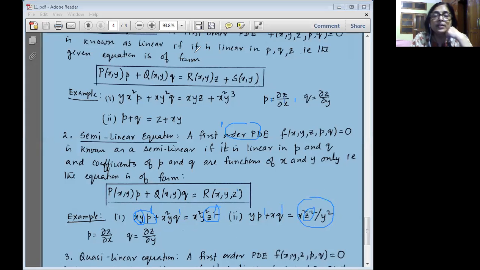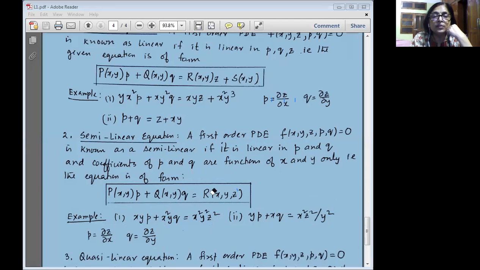Why is it semilinear? Because p and q are linear in their terms, degree 1, but z can have degree 2 also. Even if z is a dependent variable, it can have degree more than 1. So those types of equations are known as semilinear equations.